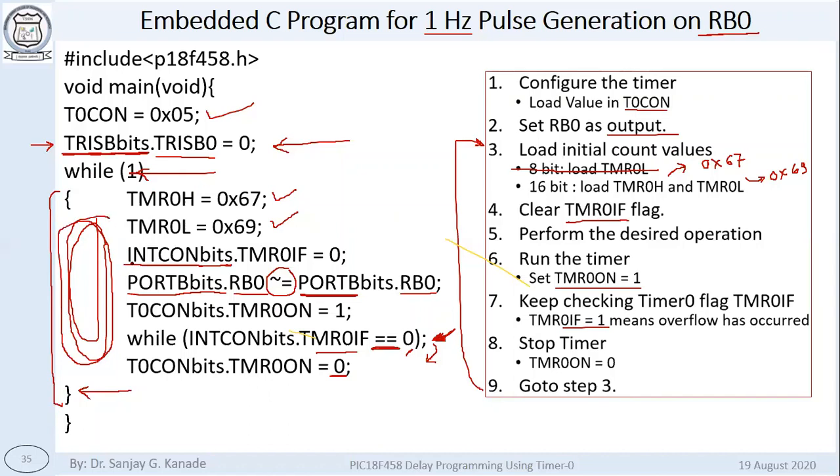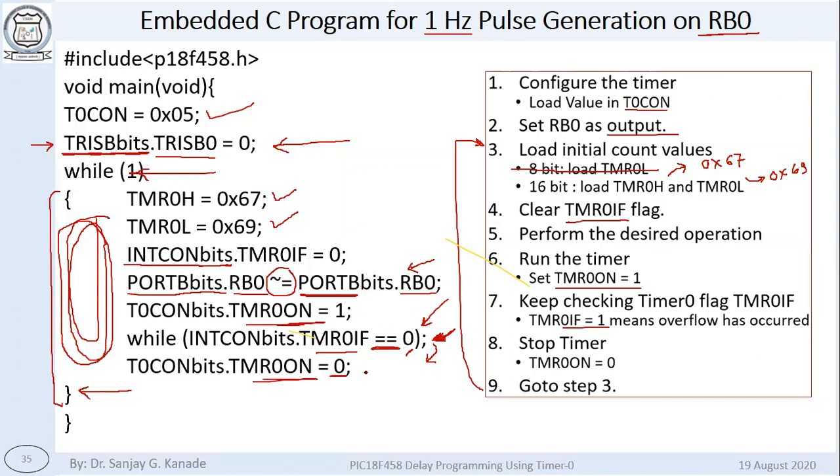And what is happening every time the block executes? The timer starts from these values and the bit gets complemented, from 1 to 0, 0 to 1, on that transition. So ultimately we are having a 500 millisecond delay, and that delay we are inserting at this location. See, here we are starting the timer and here we are stopping the timer.